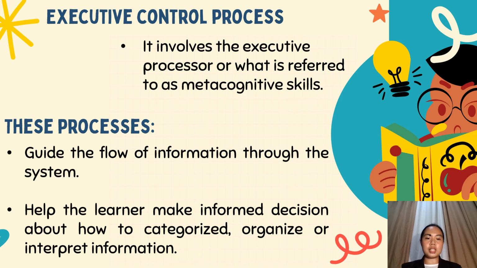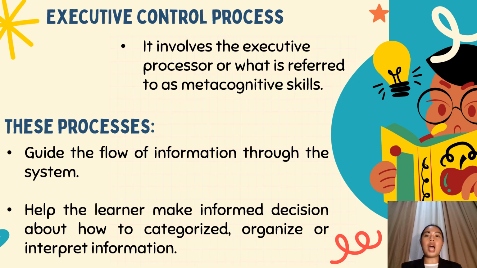These processes are crucial for effective learning and problem solving, because they help regulate how information is handled in our brain. So there are key functions for executive control processes. Number one is guiding the flow of information.